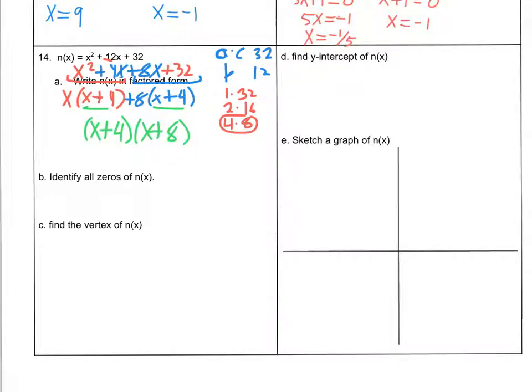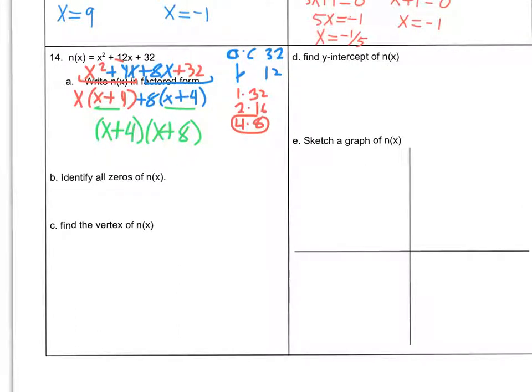I'm going to rewrite this as just having an n of x equals, because that's what we had in the original problem. This is all this is asking you to do. Factored form is basically just getting these two pieces factored out, and we're going to use those a little bit later.